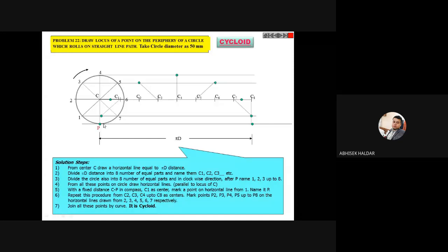Basically, try to understand the rule. There is no particular rule that for cycloid this French curve will be used, or for epicycloid or other curves another will be used. You have to check which French curve is fitting with this path. For that, take the first 3 points and try to align your French curve.